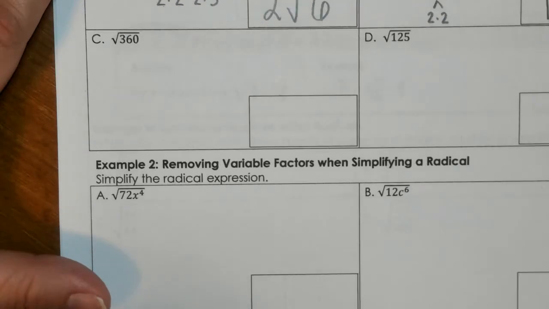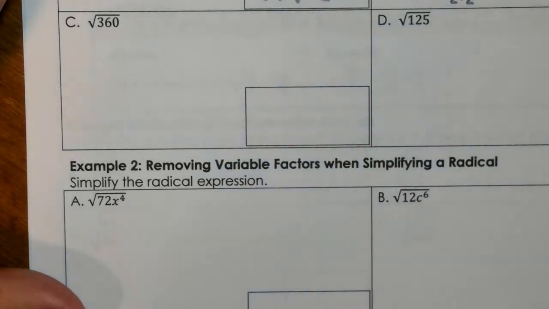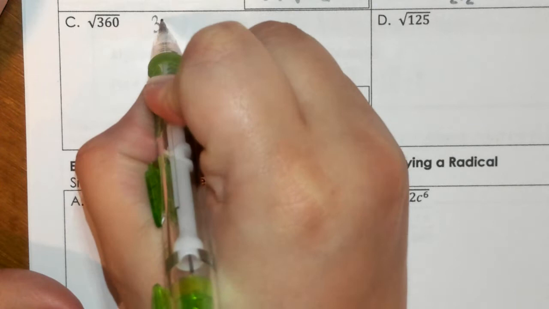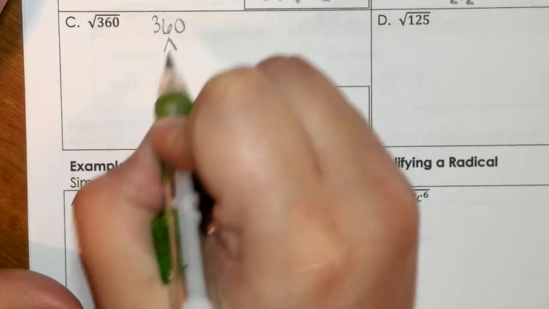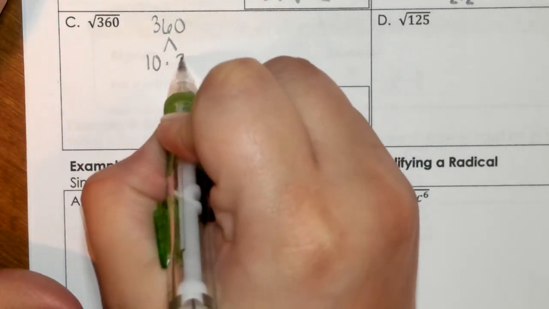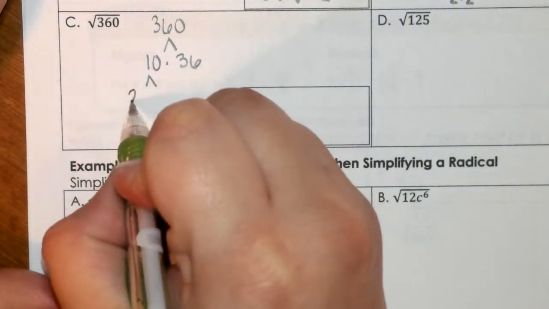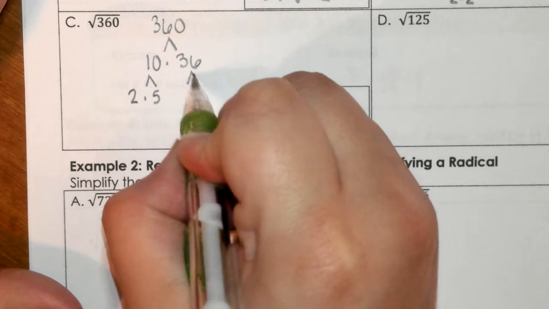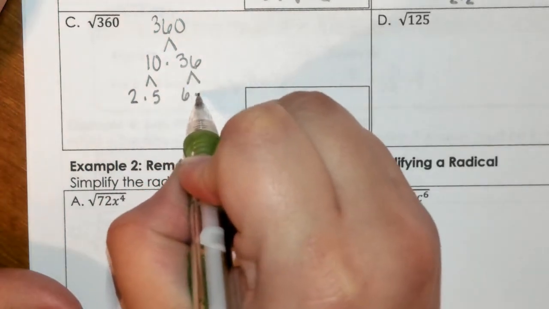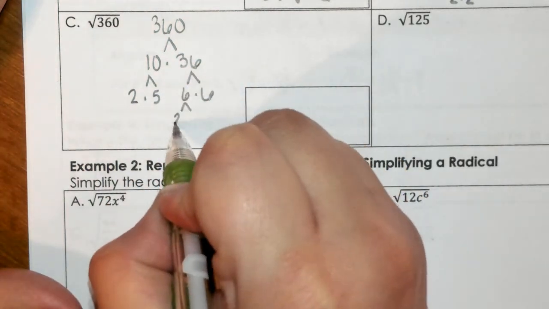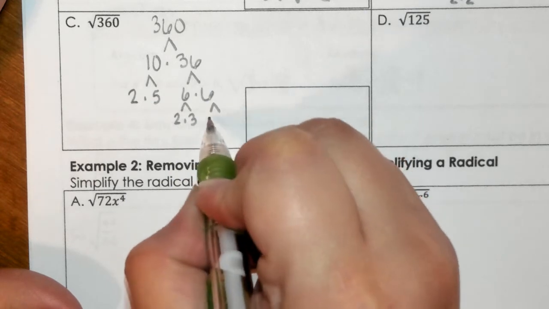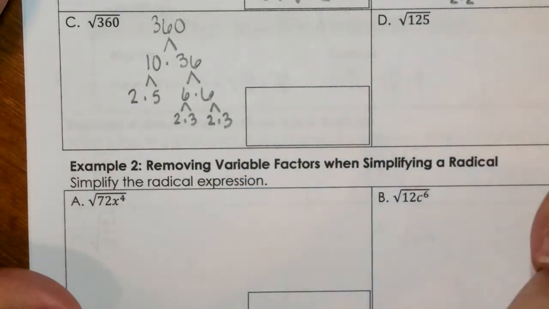Okay, 360. For this one, I'm going to use 10 and 36. So for 10, I obviously would have 2 and 5. For 36, I'm going to go with 6 and 6, which breaks down to 2 and 3, and 2 and 3 again.